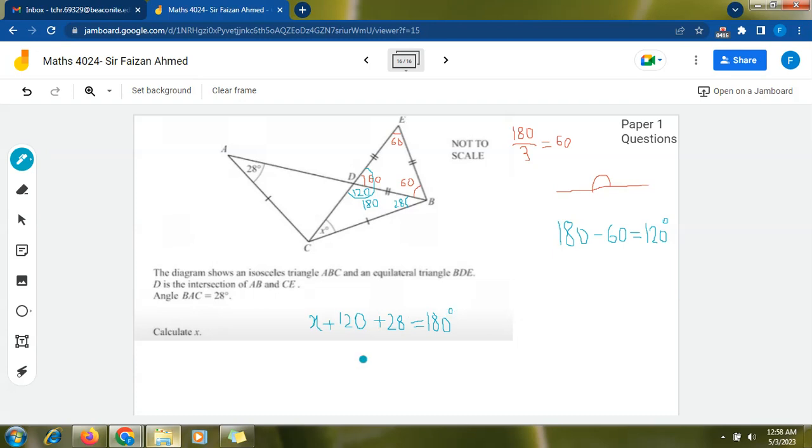Now I will simplify it to find out the value of x. 120 plus 28 will give me 148. So 180 minus 148, this will shift to the other side and get subtracted, and the value of x is coming out as 32 degrees.